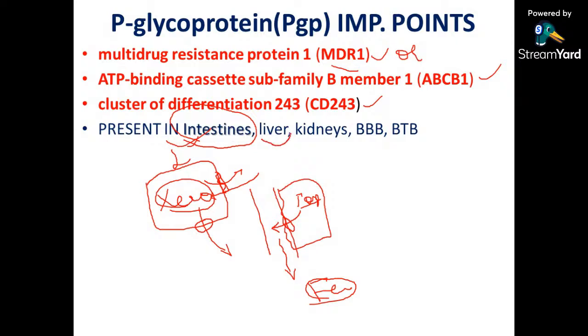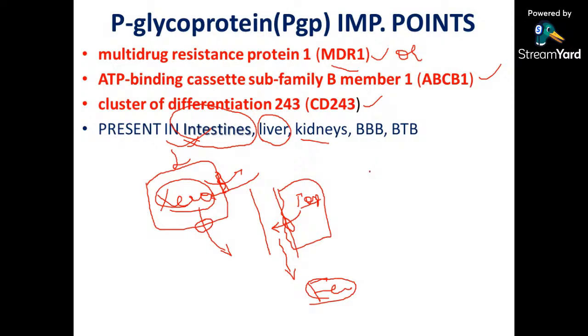They are also present in the liver. In the liver, they will efflux the xenobiotics into the bile, and through bile they are excreted into the duodenum, then through the small intestines and large intestines, and finally those xenobiotics are excreted through feces. And the third tissue where PGPs are present is the kidneys.